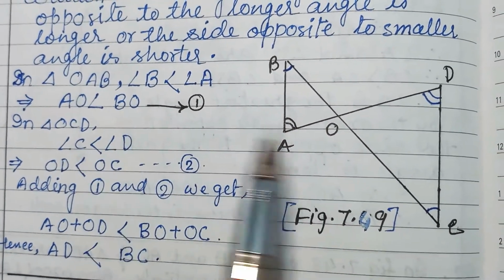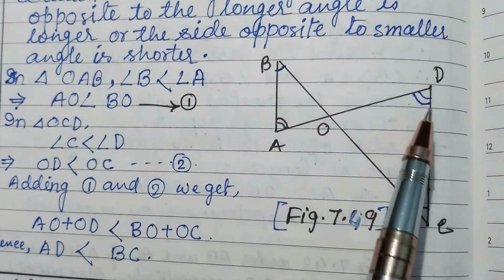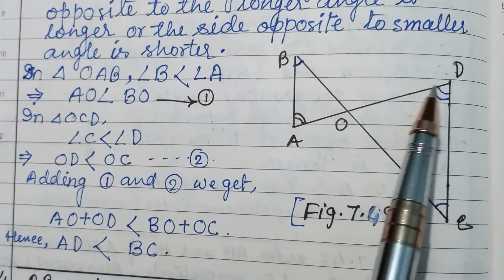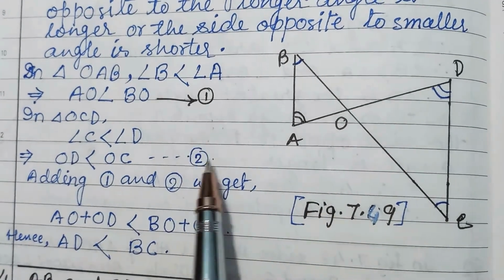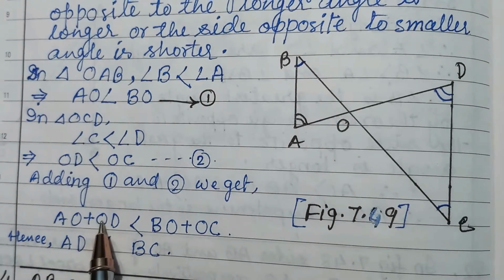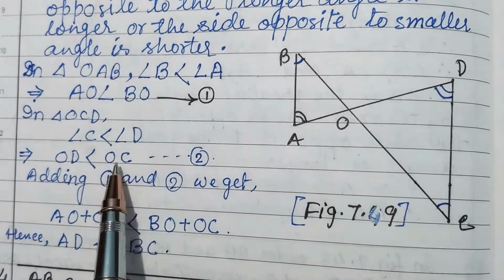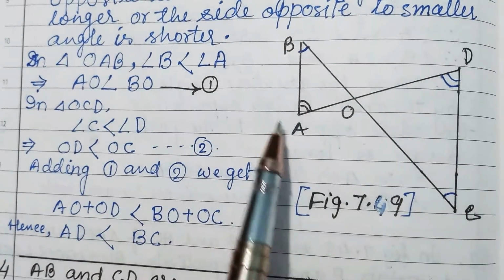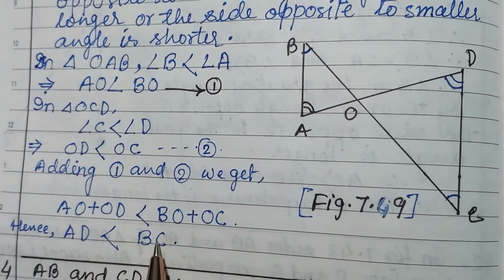Similarly, in this triangle, angle C is smaller than angle D, so OD is smaller than OC. Now add these two relations. OA plus OD is smaller than OB plus OC. OA plus OD together is AD and OB plus OC is BC. So AD is smaller than BC.